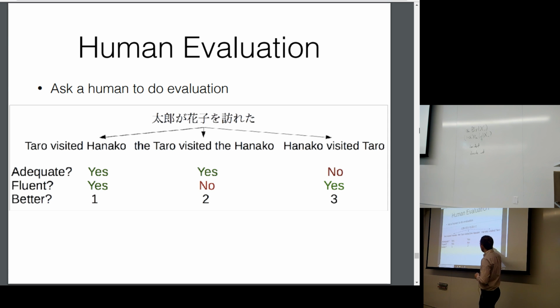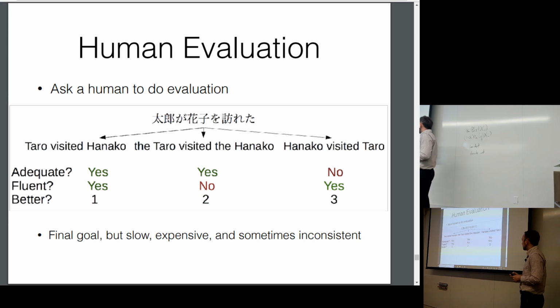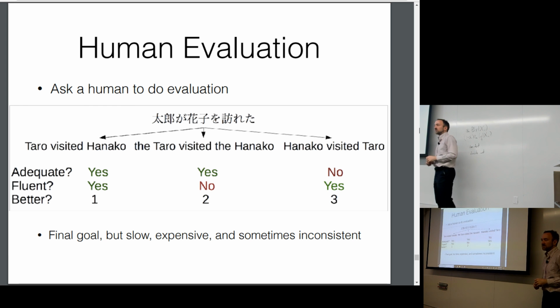So in this case, this sentence and this sentence are both completely natural English, but this one is just wrong. So this one is not adequate, but it is fluent. And another thing you can do is ranking or pairwise evaluation. This is kind of the final goal, but it's slow and expensive and sometimes inconsistent.